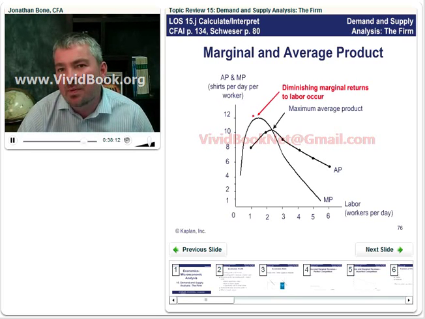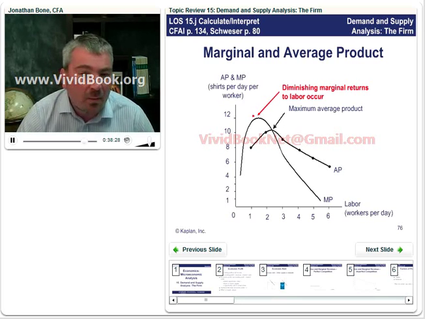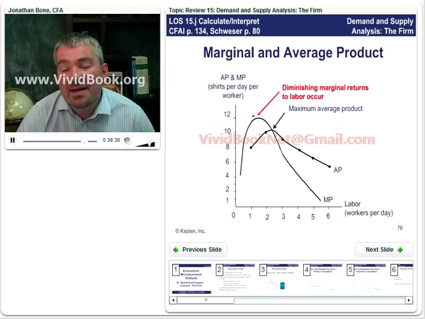If marginal product is greater than average product and you employ more labour, then average product rises. As soon as marginal product falls below average product, if you produce 1 extra unit, then the average product's going to fall. Why? Because the additional that the 1 extra worker is producing is less than the average.